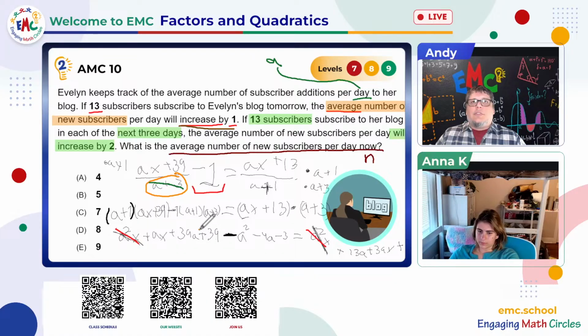We also have a plus 39 on both sides, the 39s. The 3AX, we can move it to make negative 2AX. We can make it positive later. And 13A, 39A.